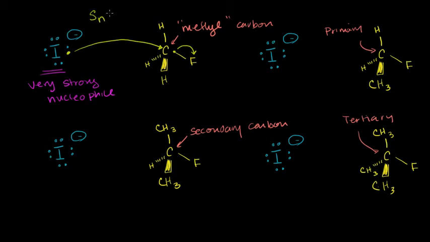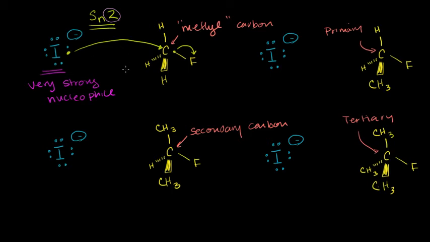I want to be very careful here. SN2 reaction. We have substitution with a nucleophile, and both reactants are present during the rate determining step. And there's only 1 step here. So both of these are involved.